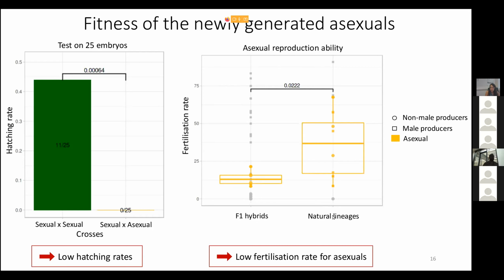These distributions were not significantly different, but when we looked only at the asexual ones, the hybrids compared to the asexual natural lineage, this difference was significant. That means that the asexual ability of the F1 hybrids seems to be much reduced compared to the asexual ability of the asexuals found in nature.